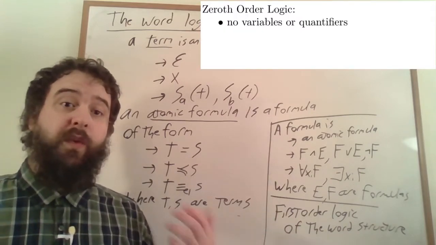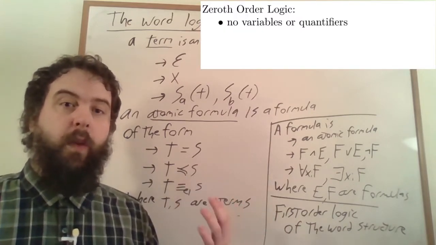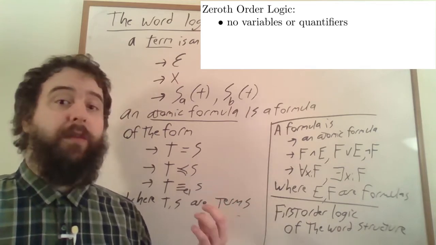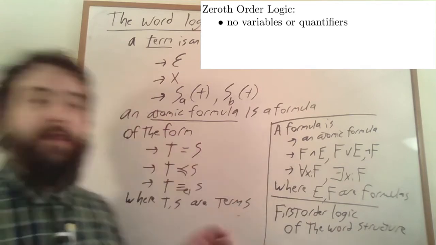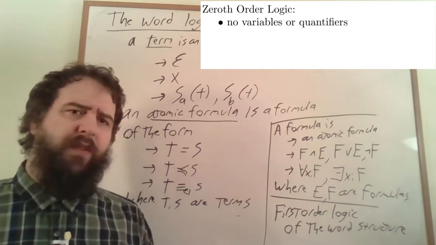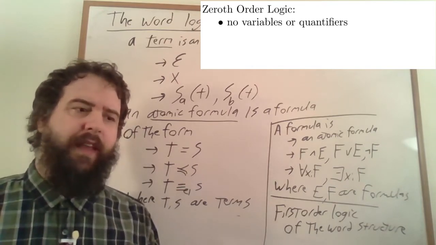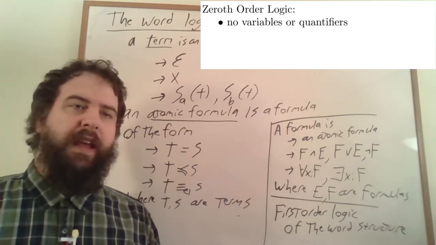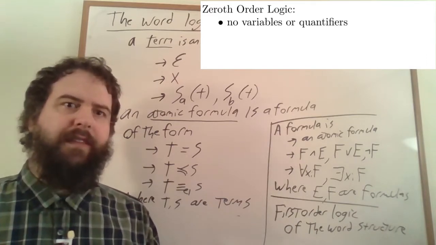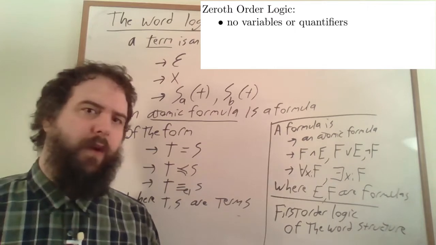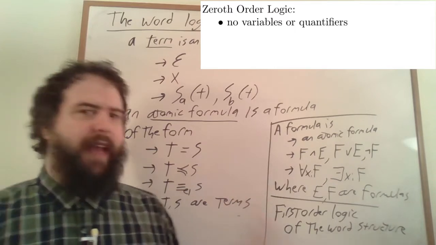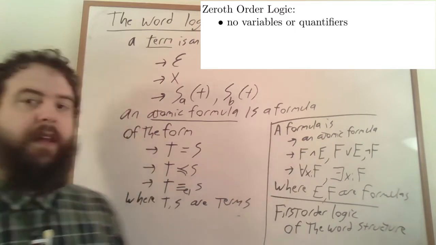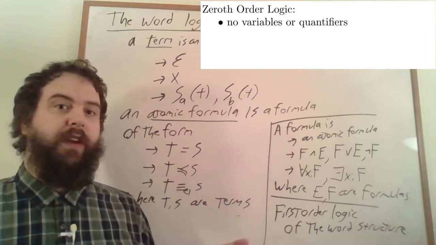Compare this to zeroth order logic, where we're not allowed to have variables or quantifiers, but we have everything else. So we can really only say very basic things like the successor A of the empty word is the same length as the successor B of the empty word. It's very hard to say anything particularly meaningful in zeroth order logic.